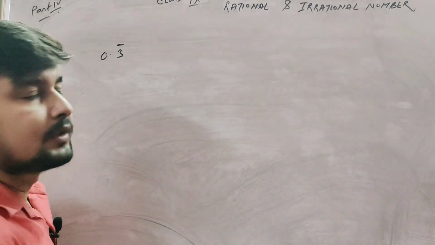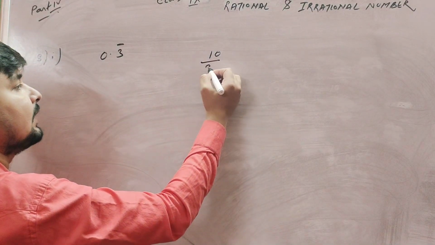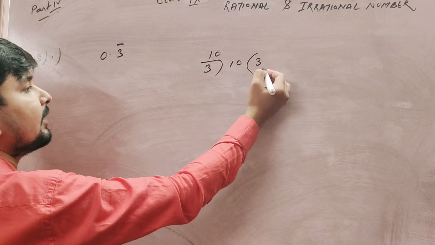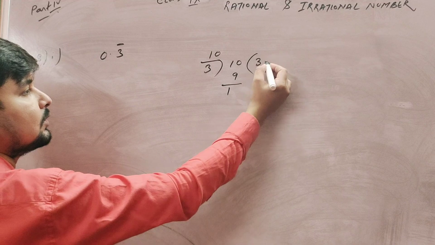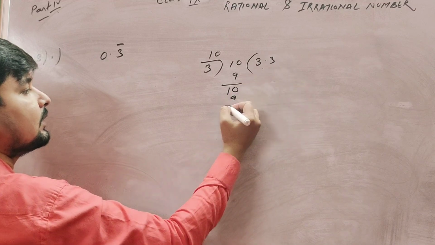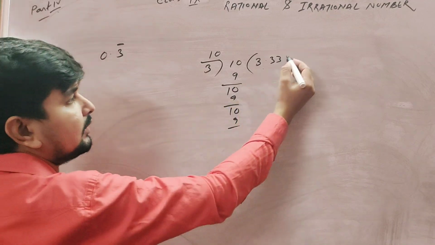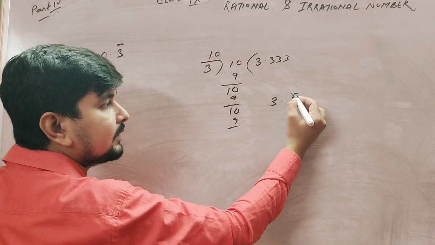Rational form, okay, means, again I repeat, you see, if 10 is divided by 3, that is 10 divided by 3, 3 9 and it goes on. So in place of this 3.333, write down 3 with this sign.